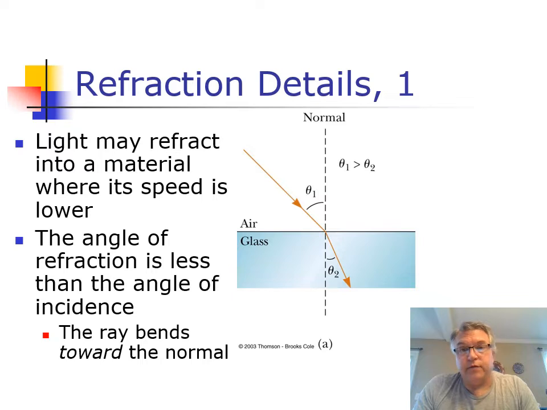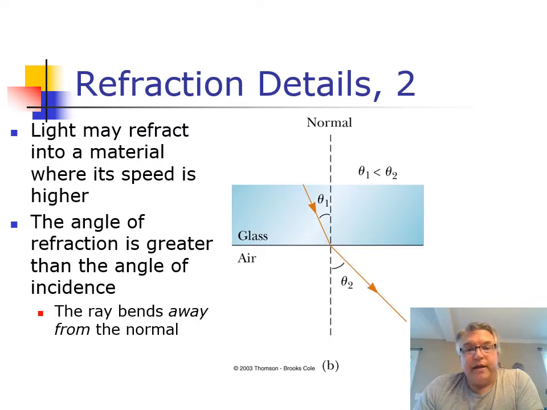So my angle of refraction is going to be less than my angle of incidence. So in the case of this diagram, light will travel faster in air and slower in glass. So it's going from fast to slow. And when it does that, it is going to bend toward the normal.